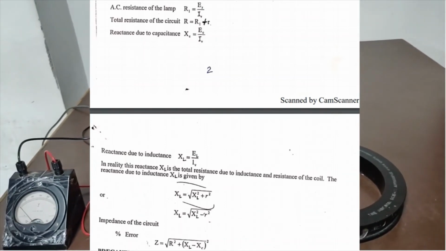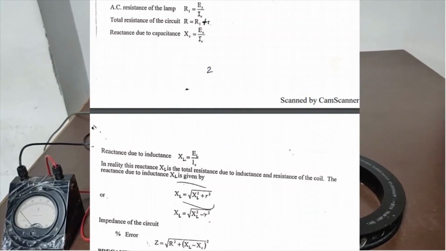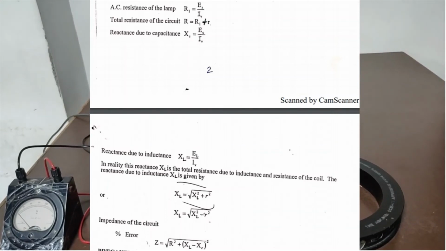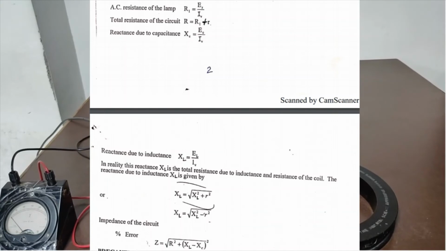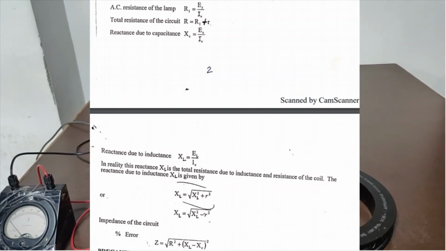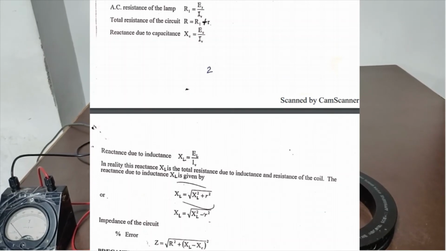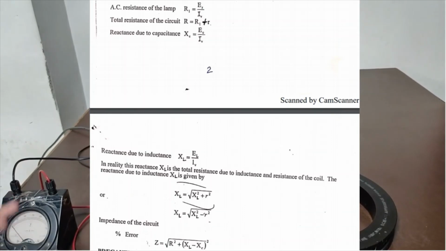So now with the simple calculations you can get the theoretical impedance value. After this you can also calculate the percentage error by comparing the theoretical and experimental values, and that ends your experiment.